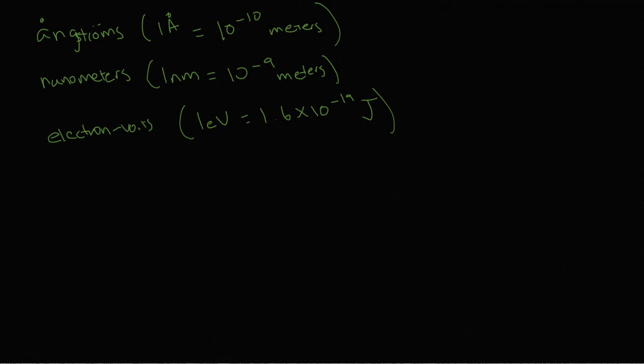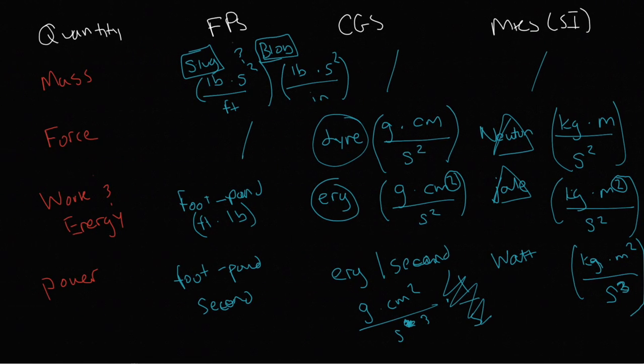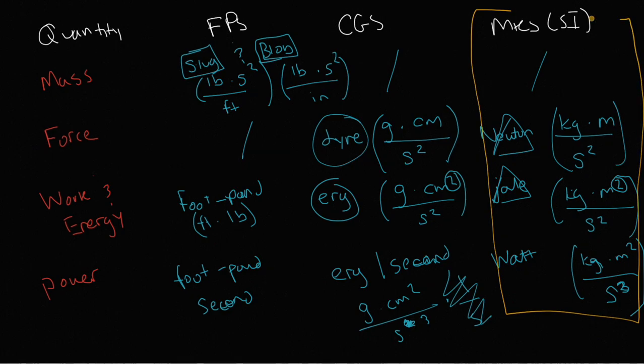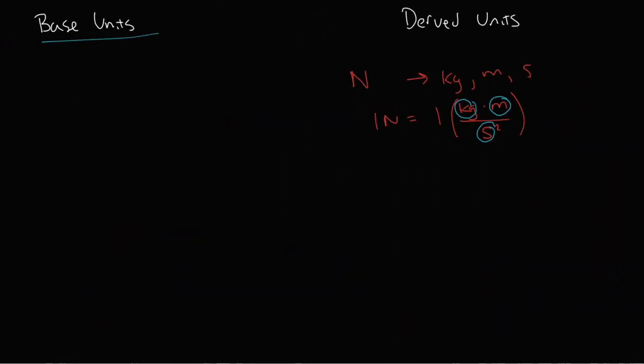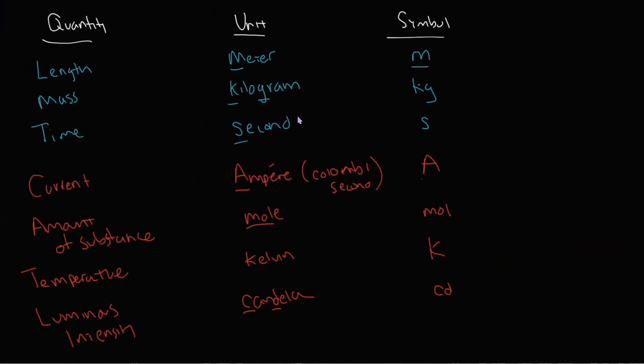So for the MCAT, it is good to be aware of the various systems of measurement, but the only system that we need to know is the SI system. If we look at this graph, the only units that we need to get ourselves accustomed with are right here, for these units right here.